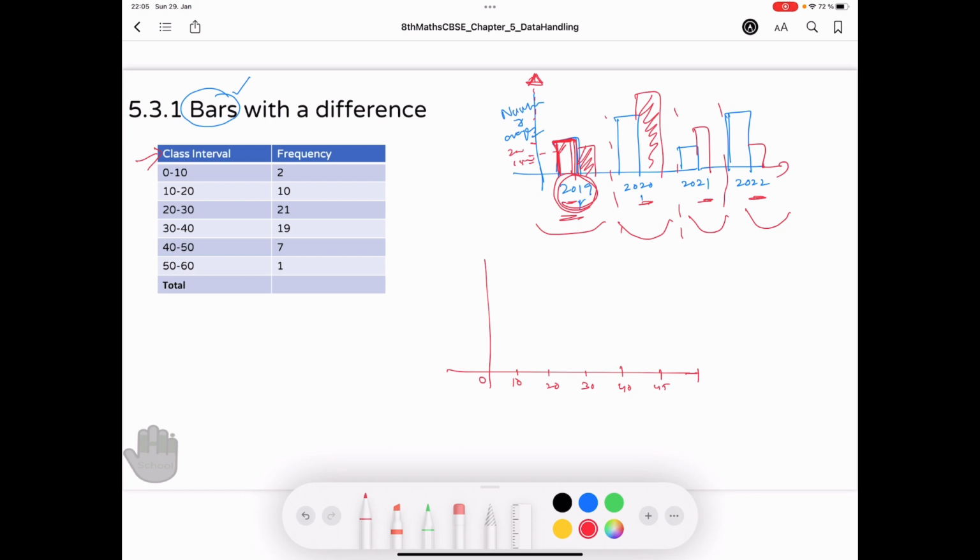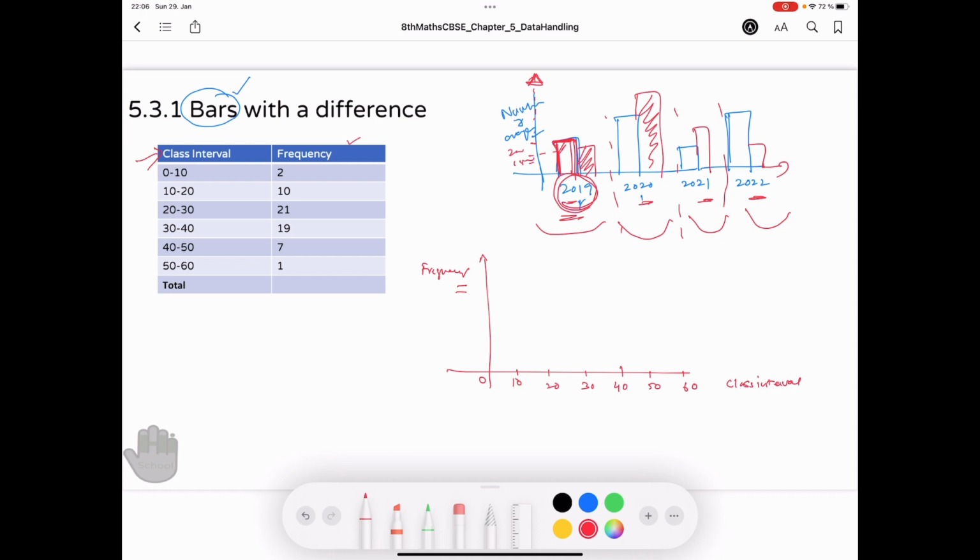So that's when the bar with a difference comes into the picture. This is our class interval, and this is our frequency axis.